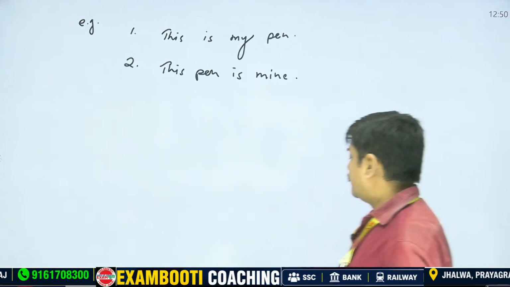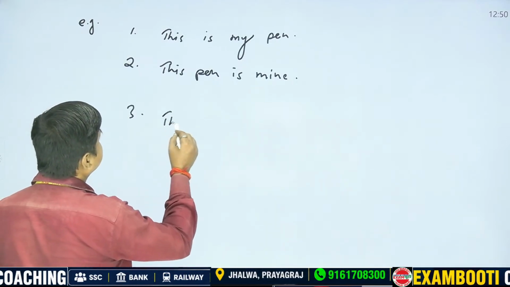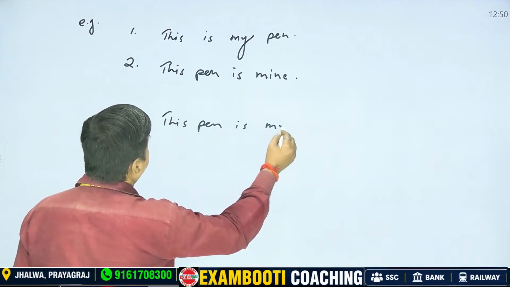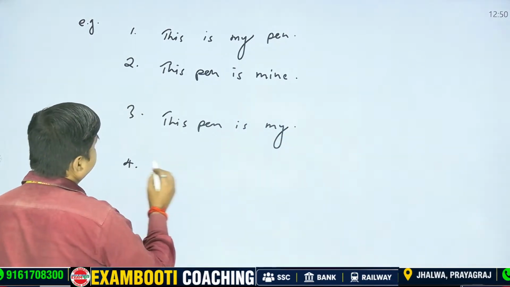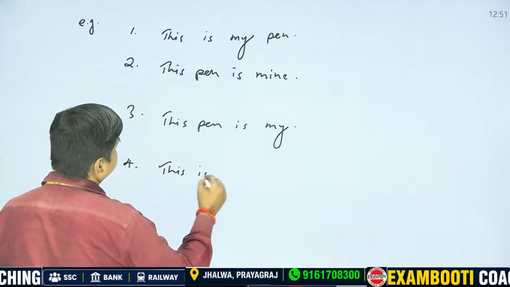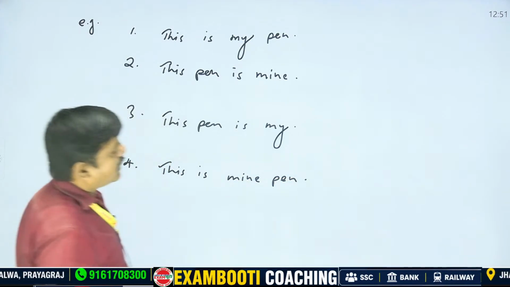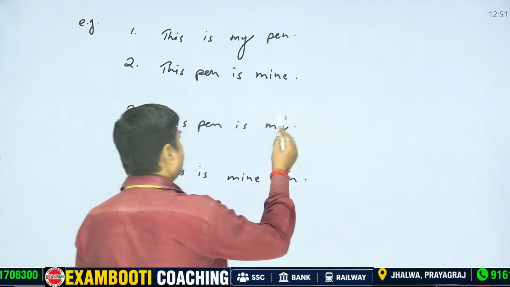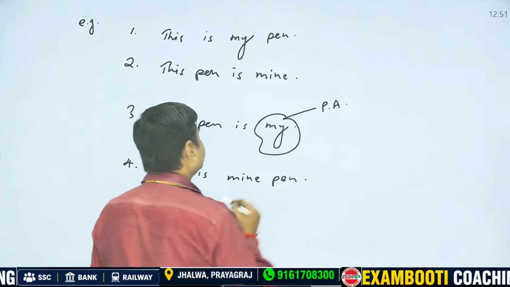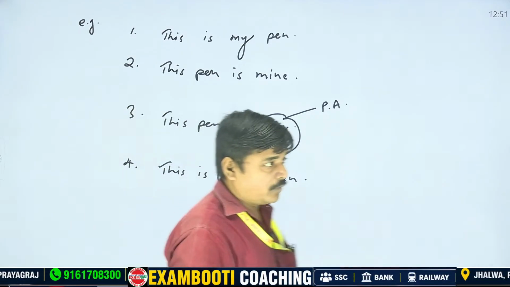Now, suppose that I write the first sentence like this: this pen is my. And this sentence like this: this is mine pen. Now see what happens. We all know that my is PA, possessive adjective, and mine is PP, possessive pronoun.